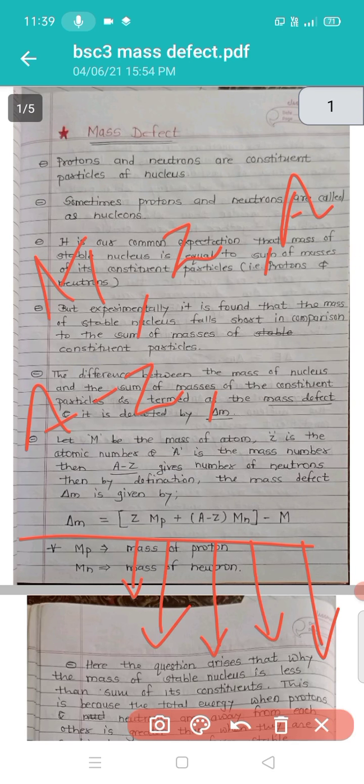Okay, understood? This is the mass defect.